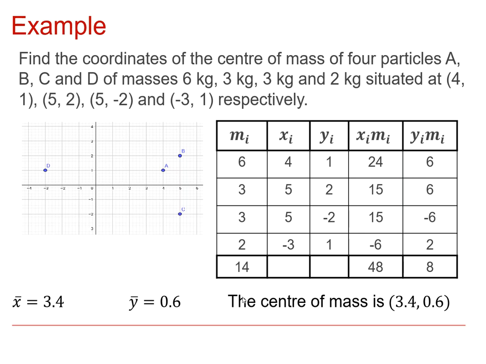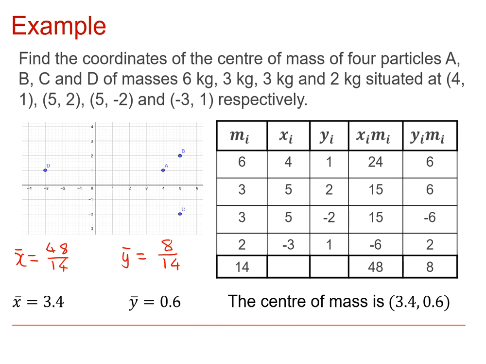So for x, we are doing x bar is 48 over 14, and y bar is 8 over 14. Alright, so they work out as 3.4 and 0.6, so the centre of mass is at coordinates 3.4, 0.6.